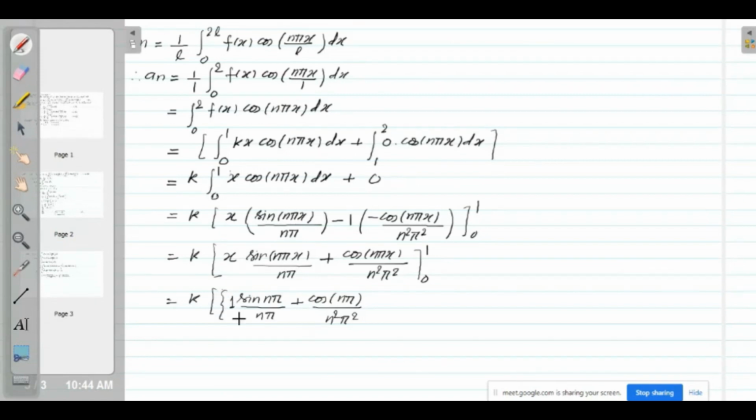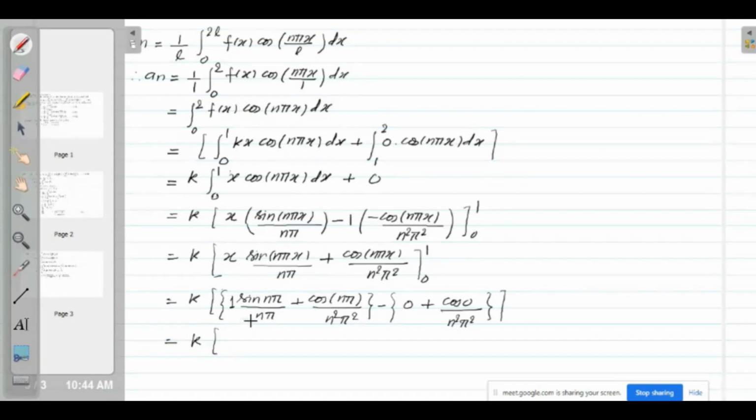This is for your upper limit minus lower limit. What is the lower limit? Here, instead of x we put in 0, so 0 multiplied by this thing will be 0, and plus we will have cos 0 divided by n squared pi squared. Just close the bracket and simplify, this is k. But sine n pi is what?